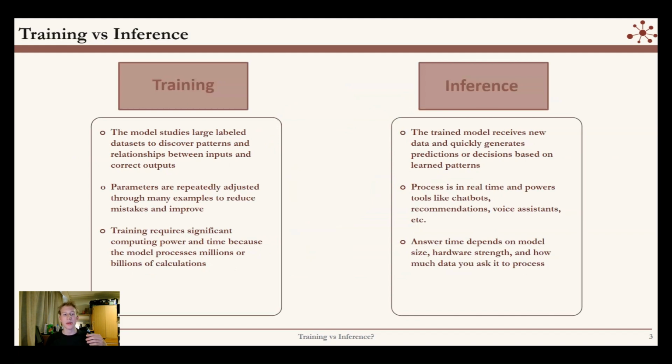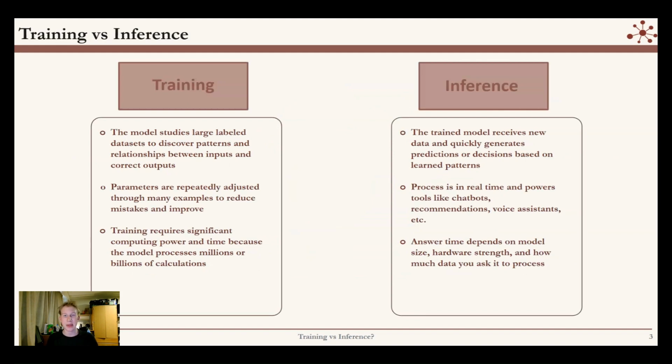Training requires significant computing power and time because for each of those little knob adjustments, it's having to do more math. That's why you have all these companies building massive data centers with GPUs and now even TPUs, because they want their models to be as good as possible and trained on as much data and as accurate as possible. So that's a really time consuming and expensive process.